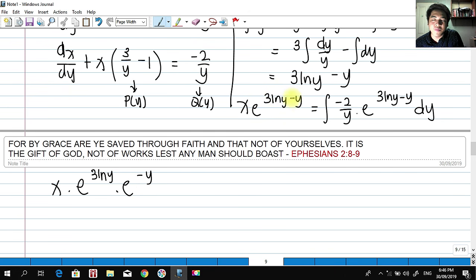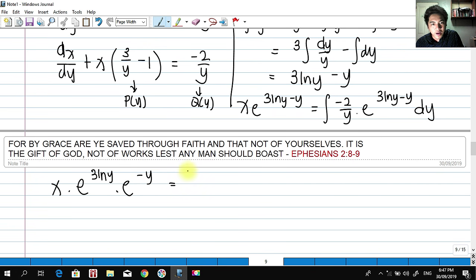This is the law of exponents: e raised to 3 ln y minus y can be rewritten as this. If we have two factors with the same base, we can add exponents; since this is negative, it results in minus. Here we did the reverse. So this can be rewritten by the law of exponents as this.